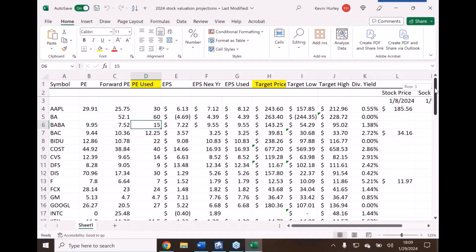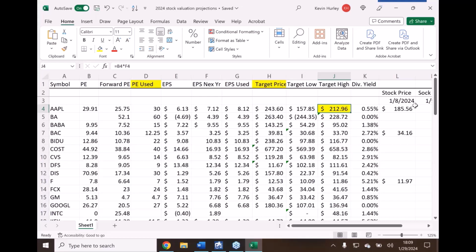It's funny because my target price for Apple is 243. Where I really think Apple's going to hit is 212.96. How did I come up with that? Well, I came up with a PE that I want to use of 30, a little bit higher than the current PE, a little bit higher than the forward PE.